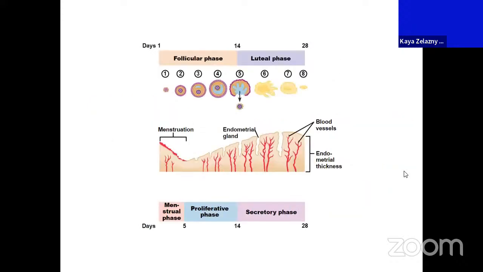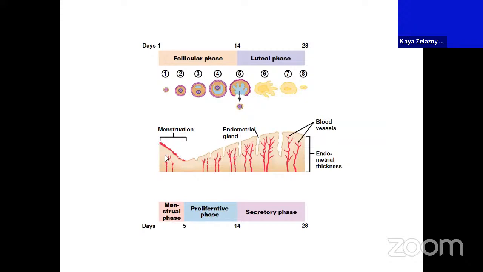So here's how we would pair up in images the days of a typical cycle with the ovarian phases, both in terms of what they're called and what's going on in picture form here, as well as what's going on in the uterus at the same time. So we see here the follicular phase, the beginning of it, we've got menstruation in the uterus, the first 5 days or so.